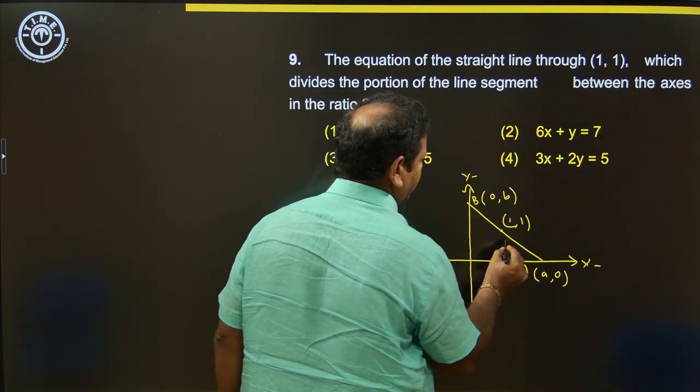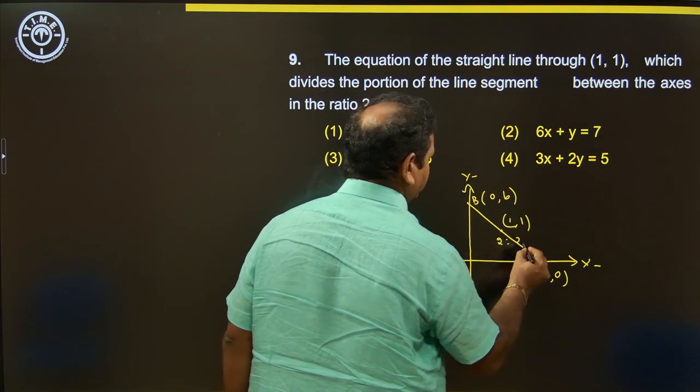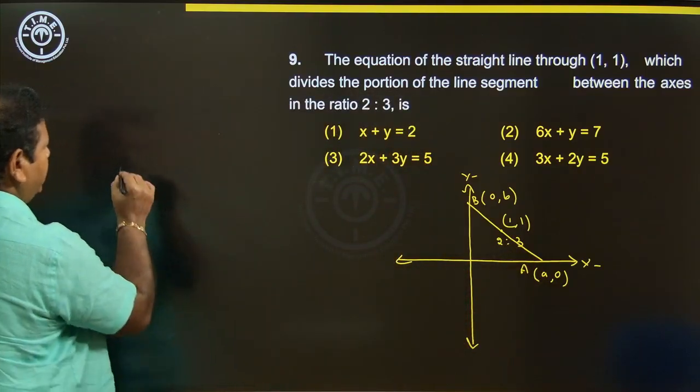ఏ రేషియో డివైడ్ చేస్తుందని చెప్పాడు? 2:3 is the ratio. సో మనకి ఇక్కడ ఏమి ఇచ్చినట్టు చెప్పండి?